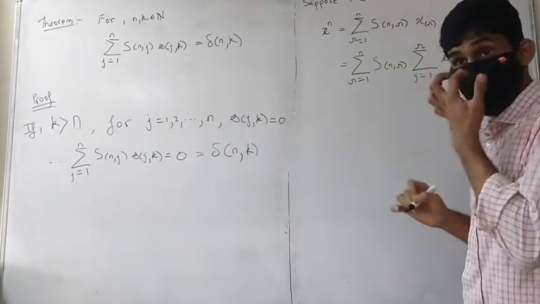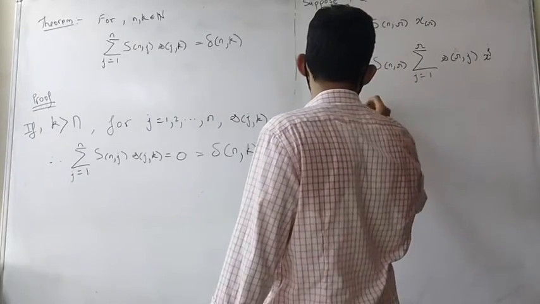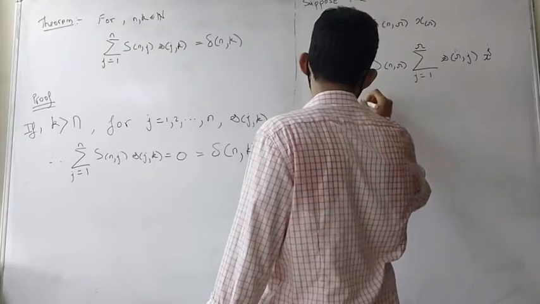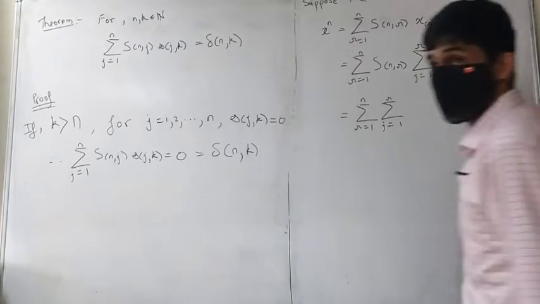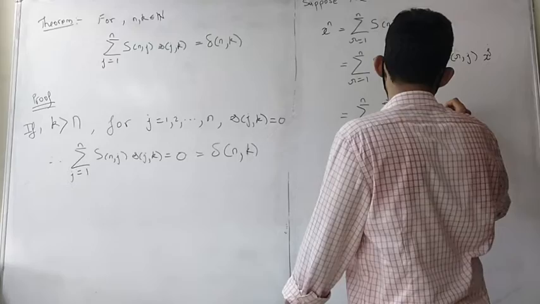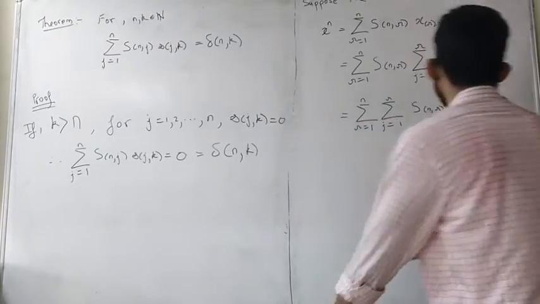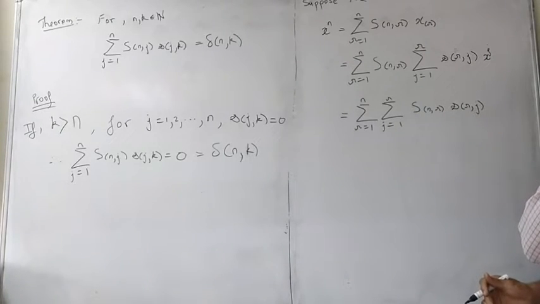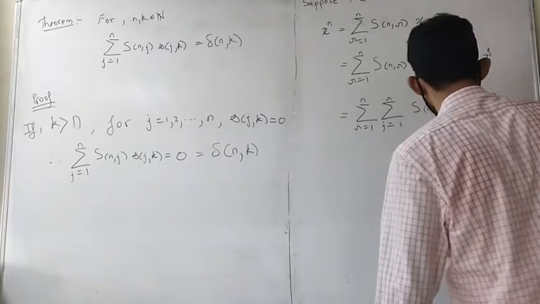Multiply this inside, and I will get the sum r going from 1 to n, the sum j going from 1 to r, distributing this across. This is nothing but distributivity. So capital S(n, r), small s(r, j), x raised to j.